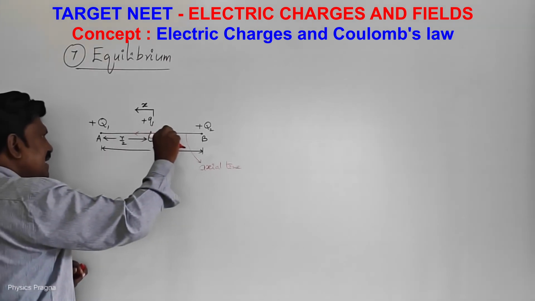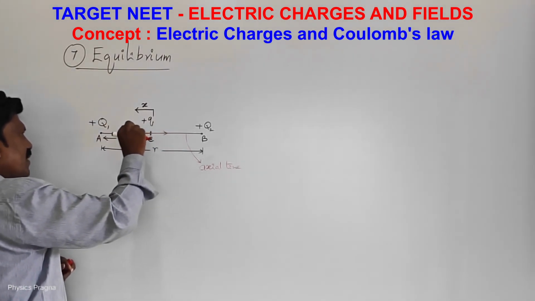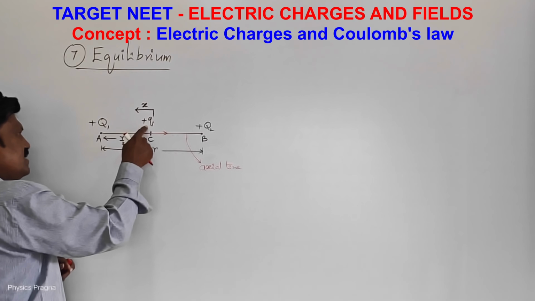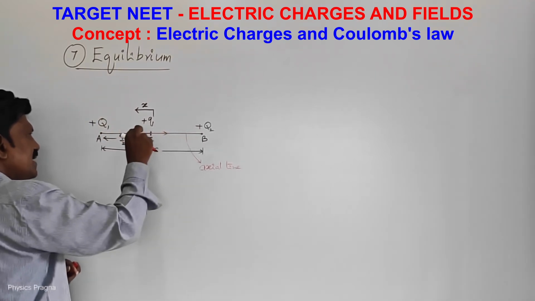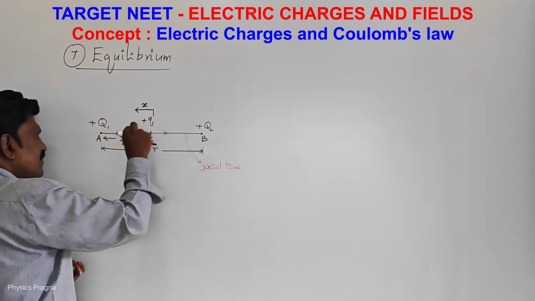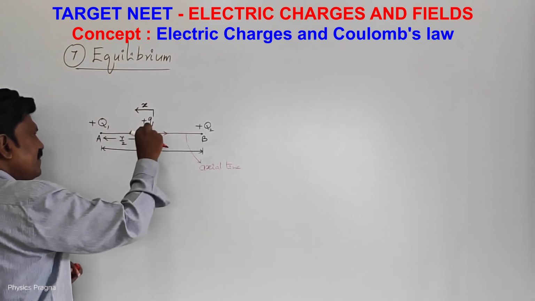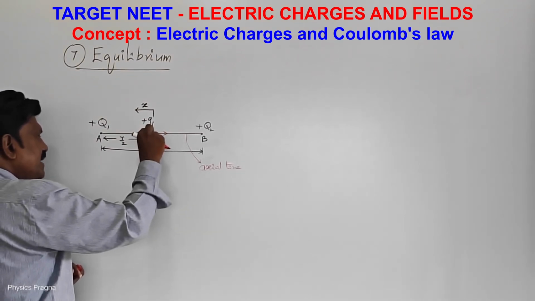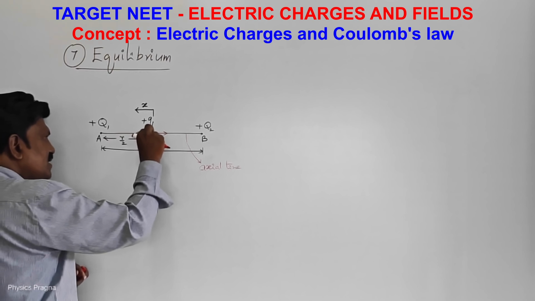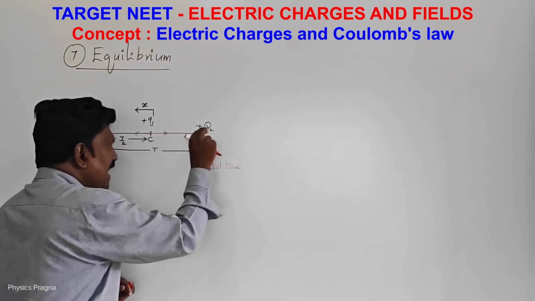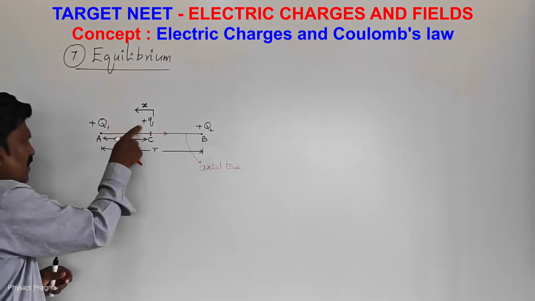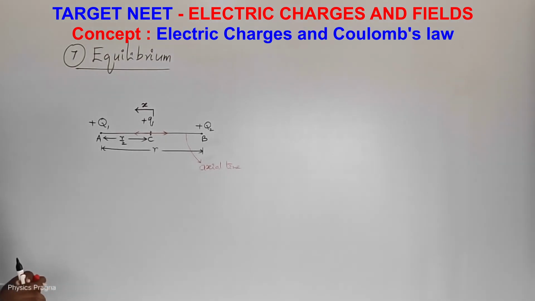So along the axial line, if you disturb a positive charge that is in between two positive charges, then after oscillation it comes back to its mean position, its previous position. That's why along the axial line, if three positive charges are there, the stable equilibrium exists.